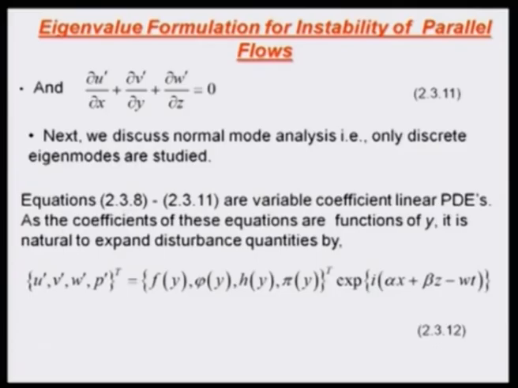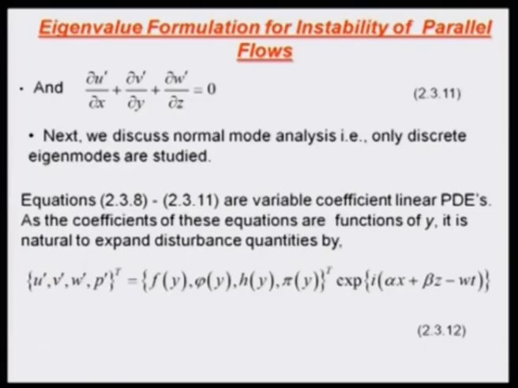Next, we discuss what is called a normal mode analysis. This is something that people have been doing now for nearly 100 years, and what it basically does is try to study one mode at a time. Okay.